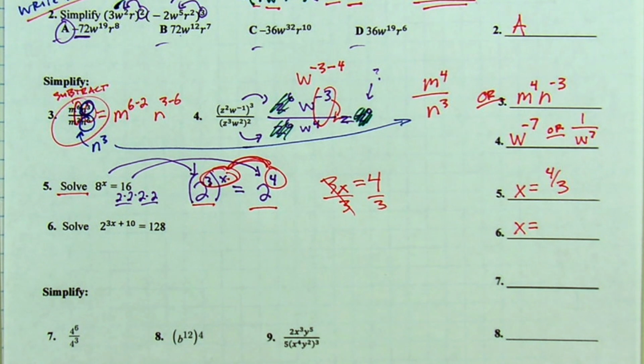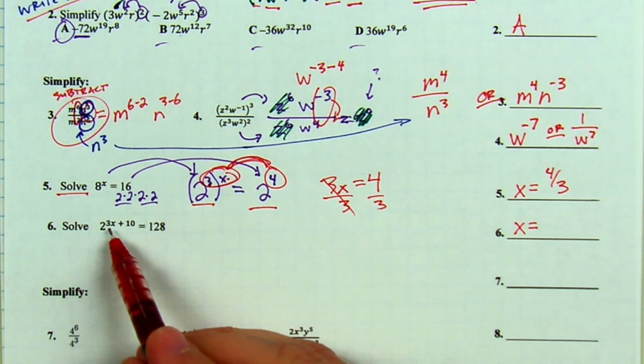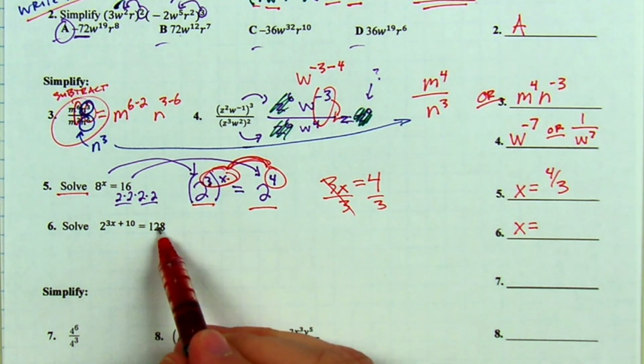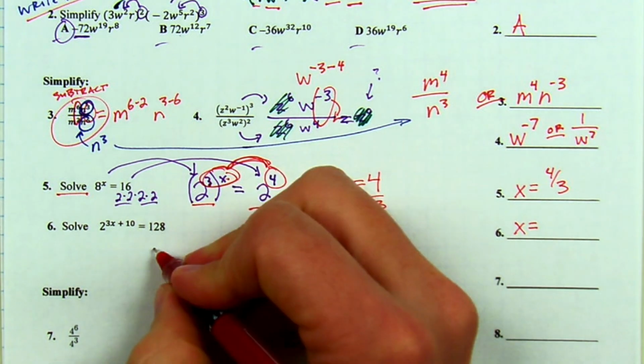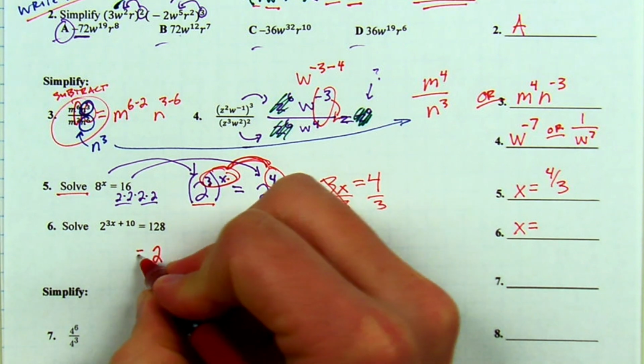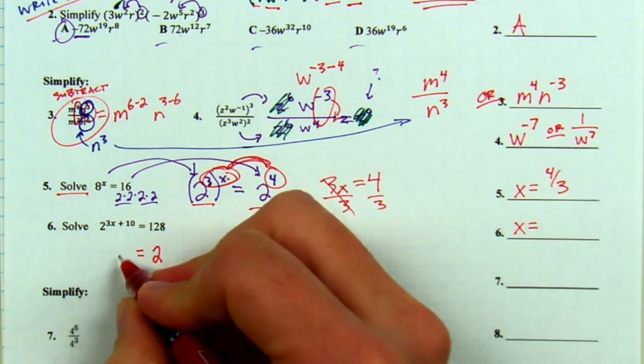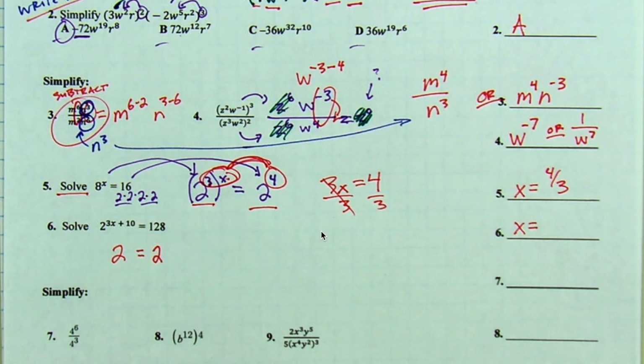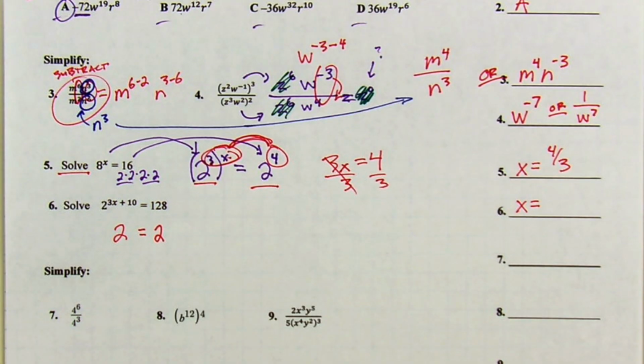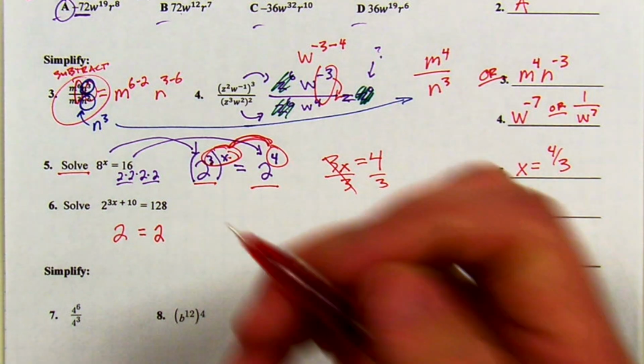Number 6 is a more complicated exponent, but 128 is going to be easier because I can write that as a power of 2. We had a little technical difficulties there, got interrupted, but here we are back.